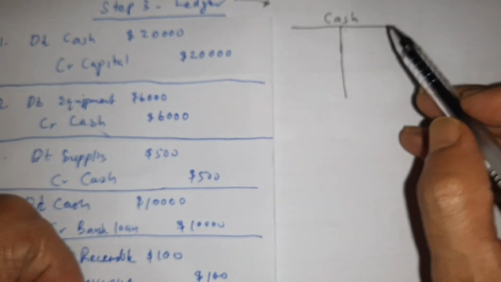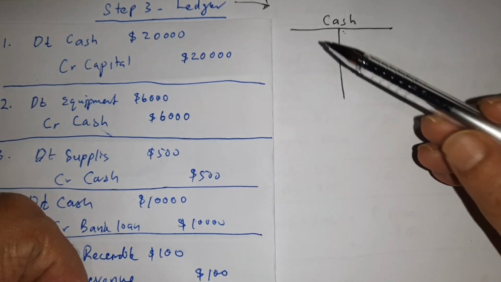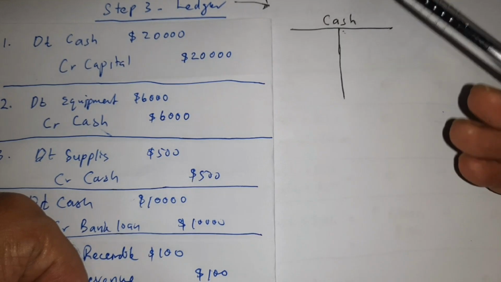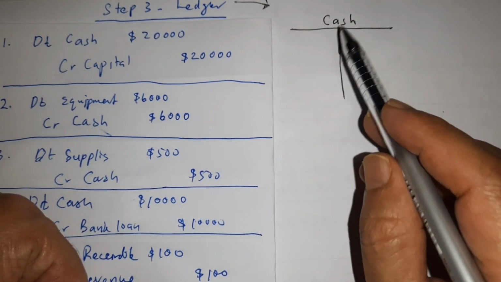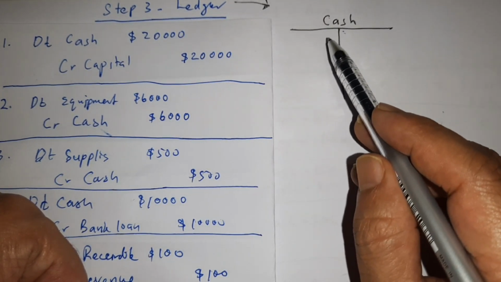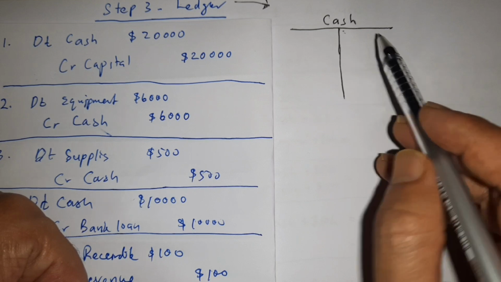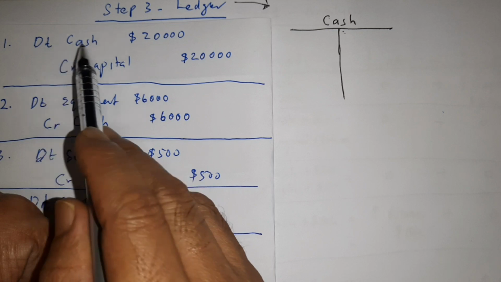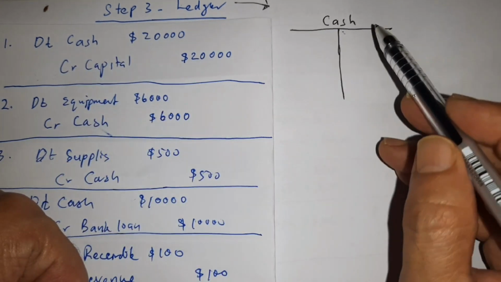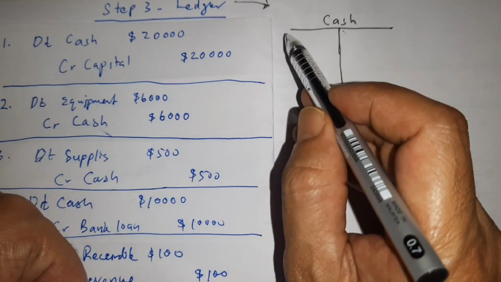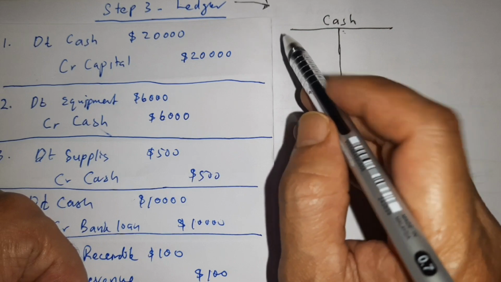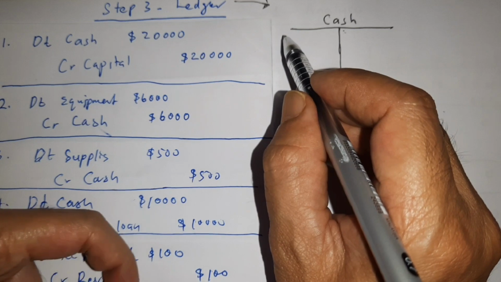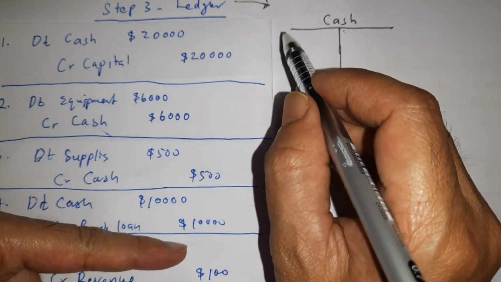So you create the cash account, and then see here, debit account cash. In accounting, debit means left, credit means right. So when the first journal entry is debit cash 20,000, you create the cash account and you debit it. Debiting the cash account means you record on the left side of the cash account.